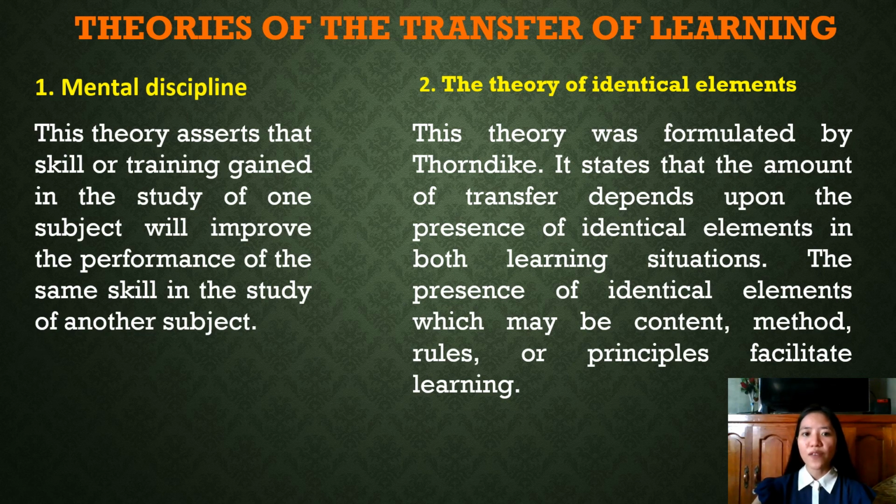The presence of identical elements, which may be content, method, rules, or principles, facilitates learning. For instance, the study of mathematics facilitates the study of physics because the principles used in the solution of verbal problems in physics are the same principles studied in mathematics.